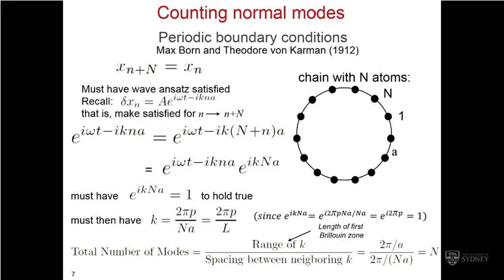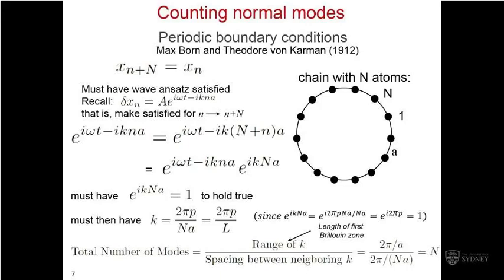So this term here must go to 1. So we must have e to the i k N a equal to 1, and that will occur if k has values 2 pi p, where p is some integer, over big N times a.